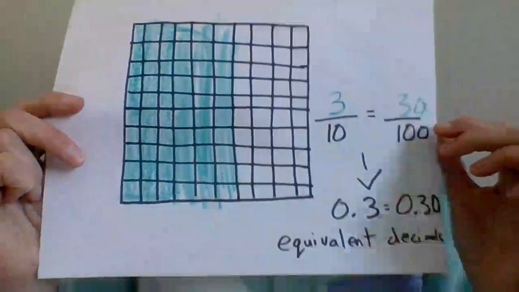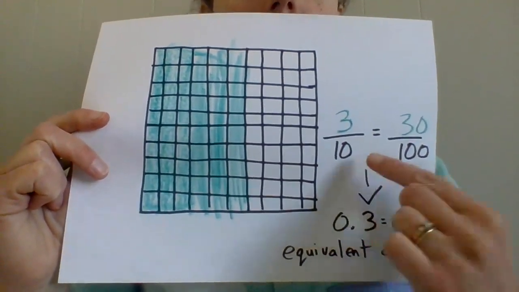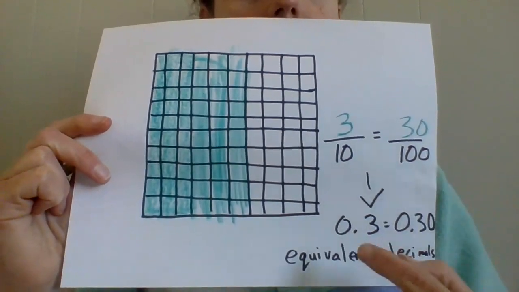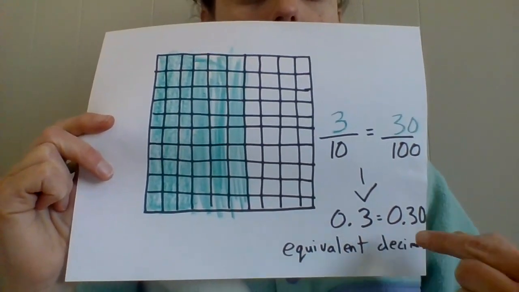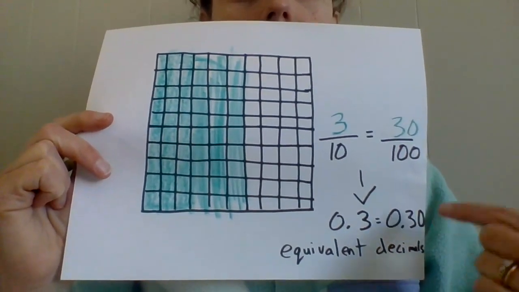Okay, what if I colored one more group of 10? So again, now we just have 6/10, or 60 out of 100. So it'd be 0.6 or 0.60. But what if I colored just a few more, but not enough to be another 10? Let's see what happens there.